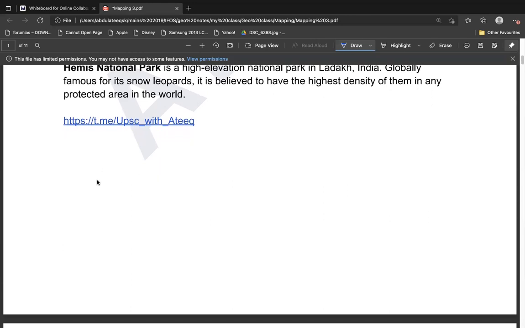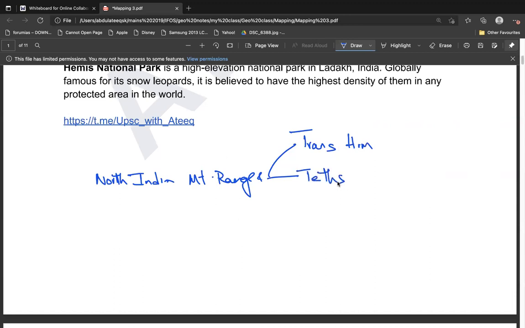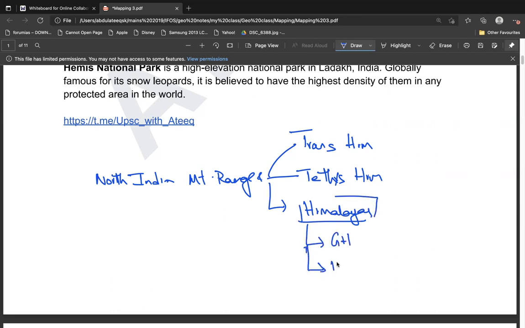We can divide North India's mountain ranges like this: the Trans Himalayas, then the Tethys Himalayas, and then the Himalayas. These Himalayas are again divided into the Greater Himalayas, Lesser Himalayas, and the Shivaliks.